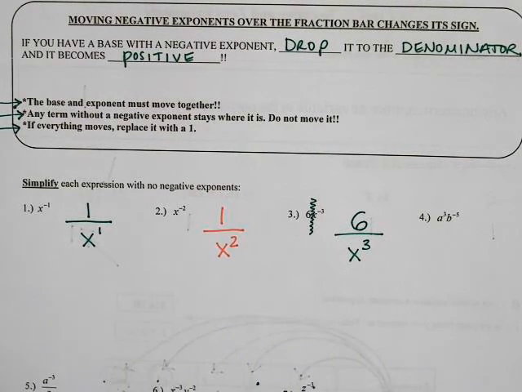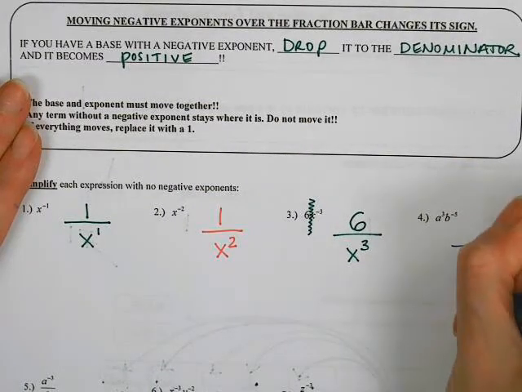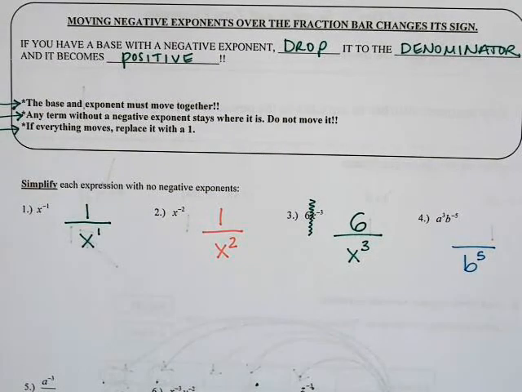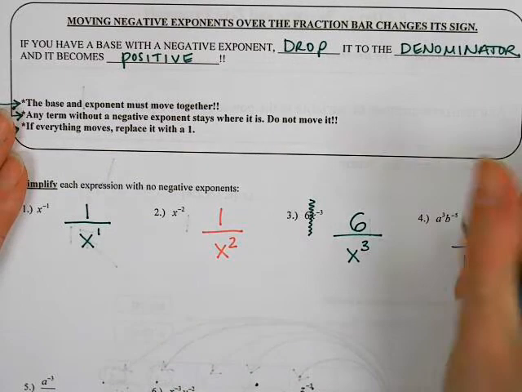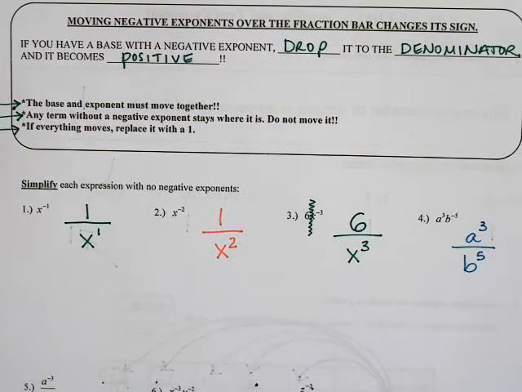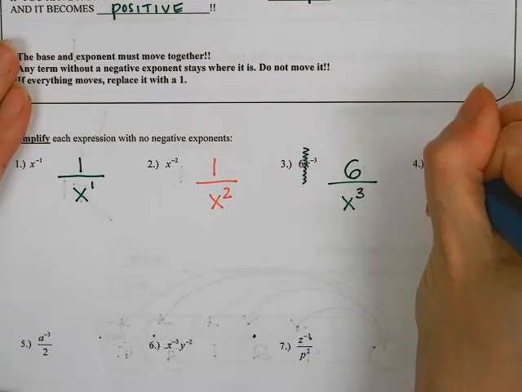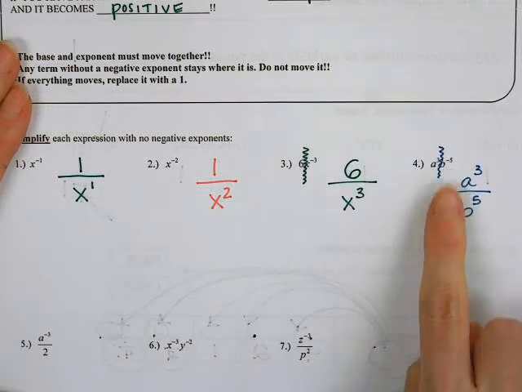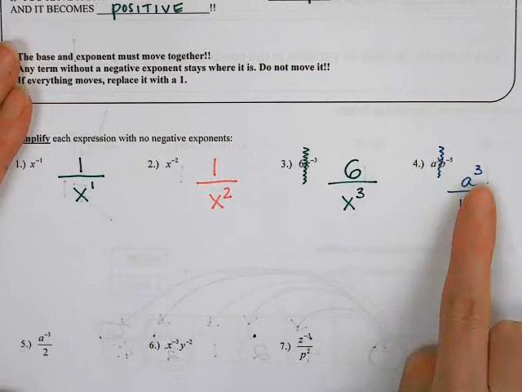Okay, number 4. If you have a base with a negative exponent, we drop it and it becomes positive. But the a had a positive exponent, so we do not drop it. So just be careful on these that you keep them separate and you only move the base with the negative exponent. The other one stays put.